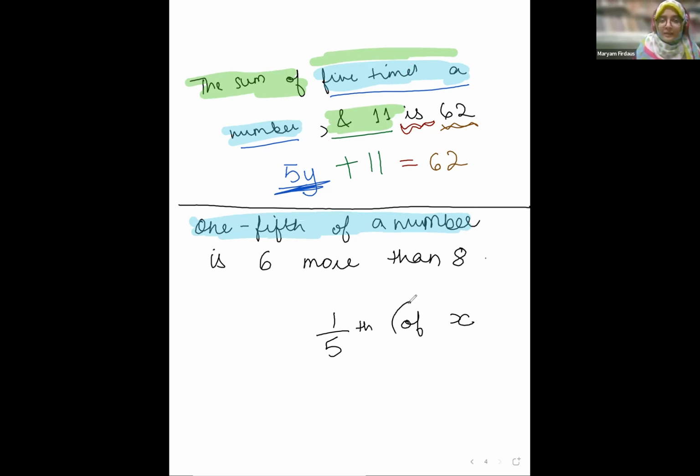This "of" is not mathematical, right? It has to be converted. What can I replace "of" with? 1/5 multiplied by x. Yes, exactly. So 1/5 of a number is 1/5 x.